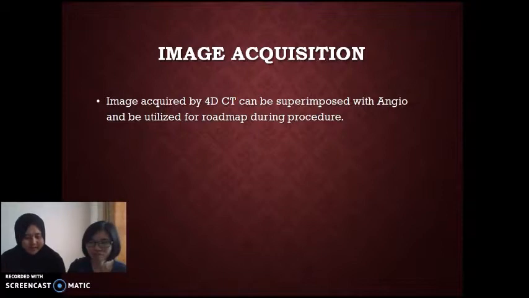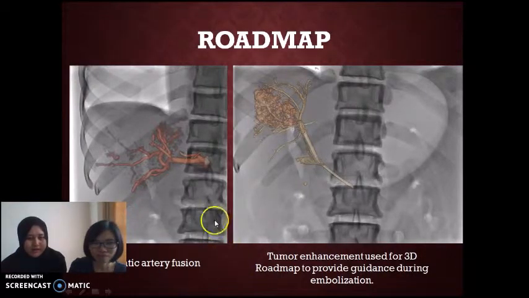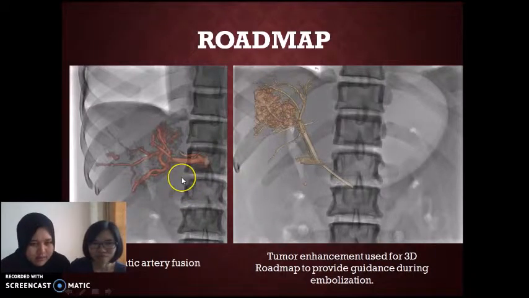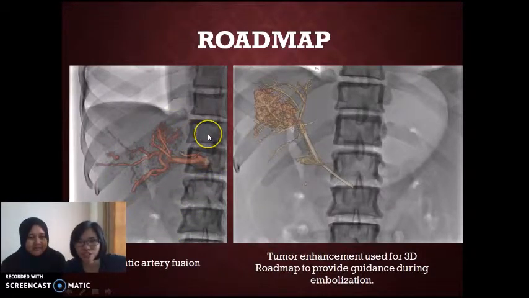Okay, I will show you an example. This is the roadmap for the liver artery, the hepatic artery fusion. The 3D image from the CT scan of the liver is combined with the angiography image, and this is the typical fusion of Angio and CT scan image, radiograph.